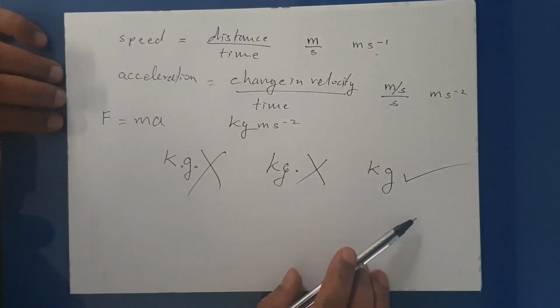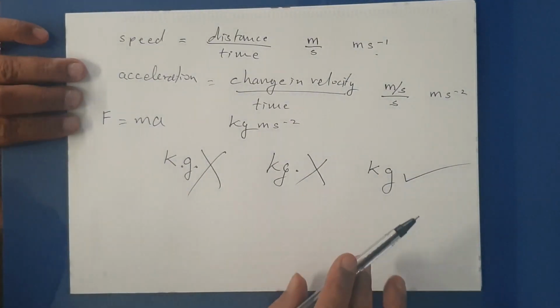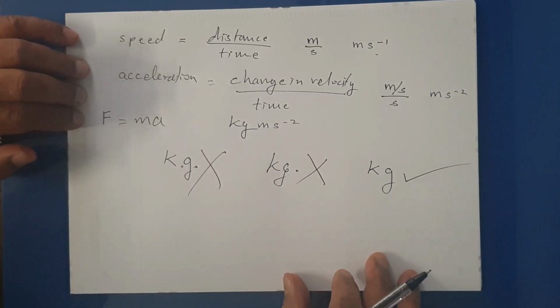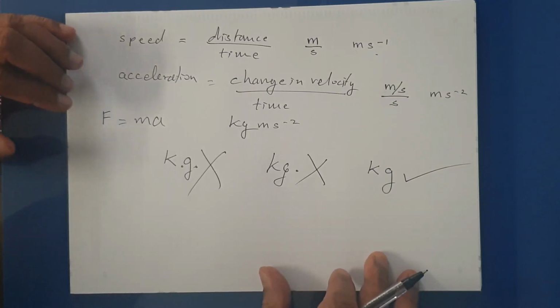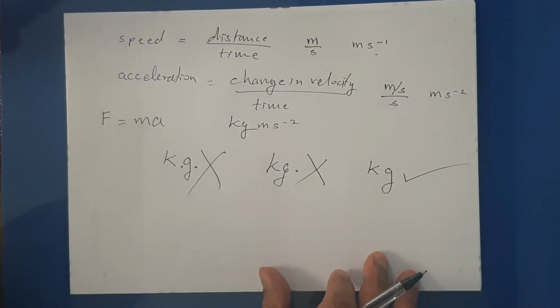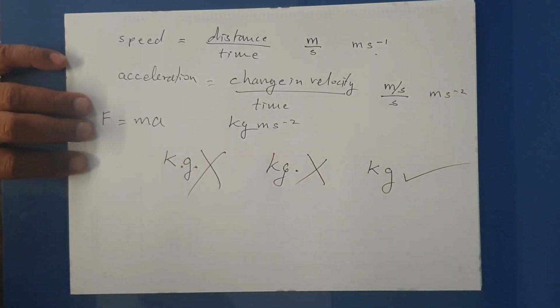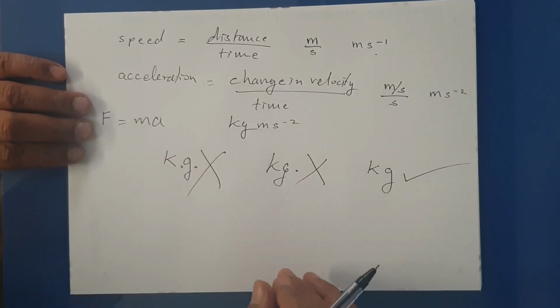The next rule to be followed is the symbols of these units do not take the plural form. You know, singular and plural. Usually, for plural we add an S after the word. 1 stone, 10 stones. We put S. Here, S should not be put after the unit symbol.